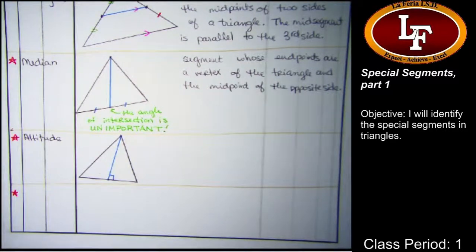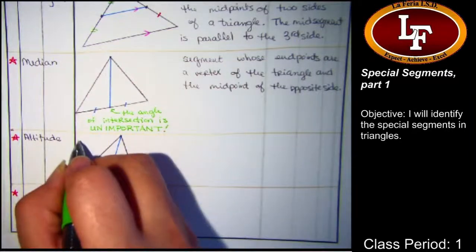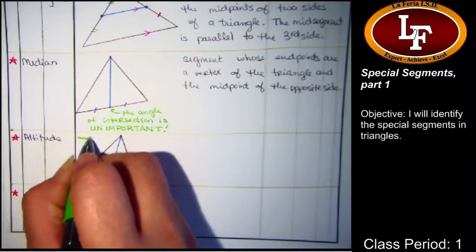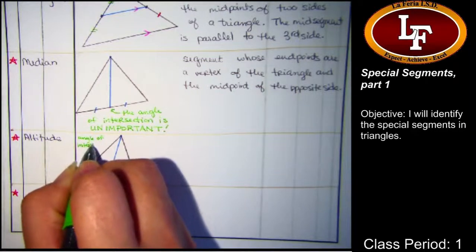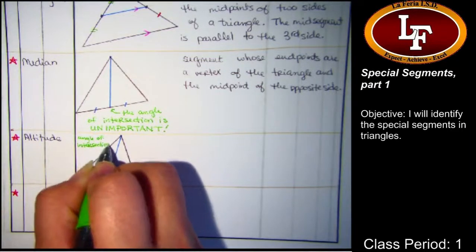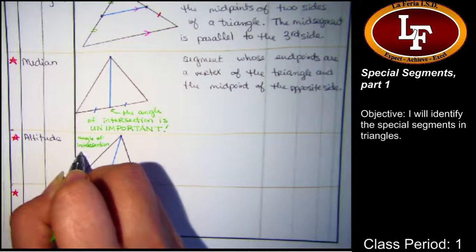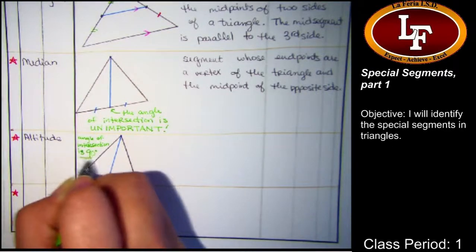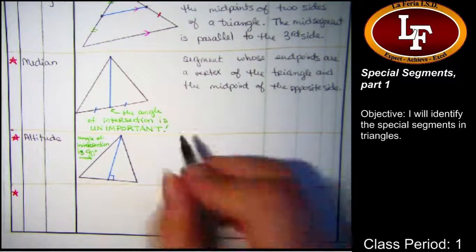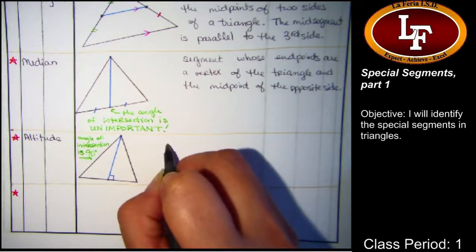So in this case, that angle of intersection is important. That's super important.